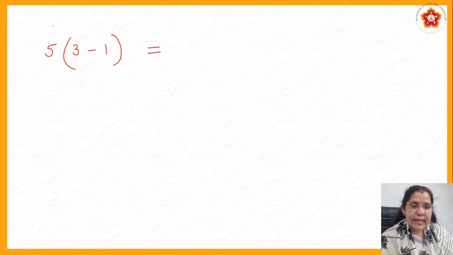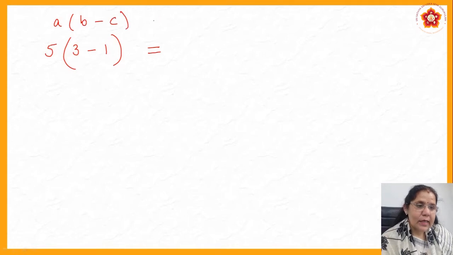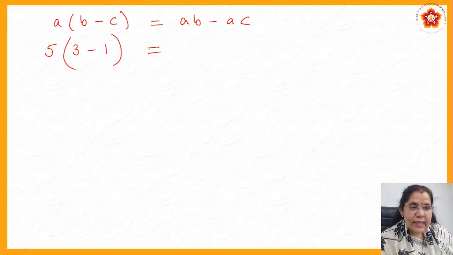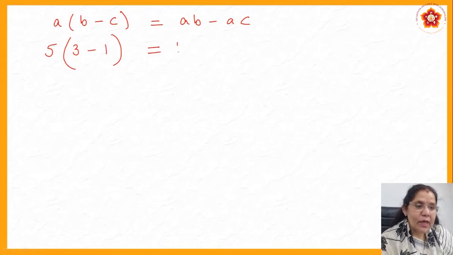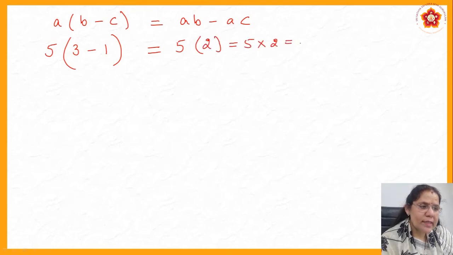The property said A into B minus C is equal to AB minus AC. So what does it say? It says, let's see, if we have to multiply 5 with 3 minus 1. What is 3 minus 1? 3 minus 1 is 2. And what is 5 into 2? 5 into 2 is 10.